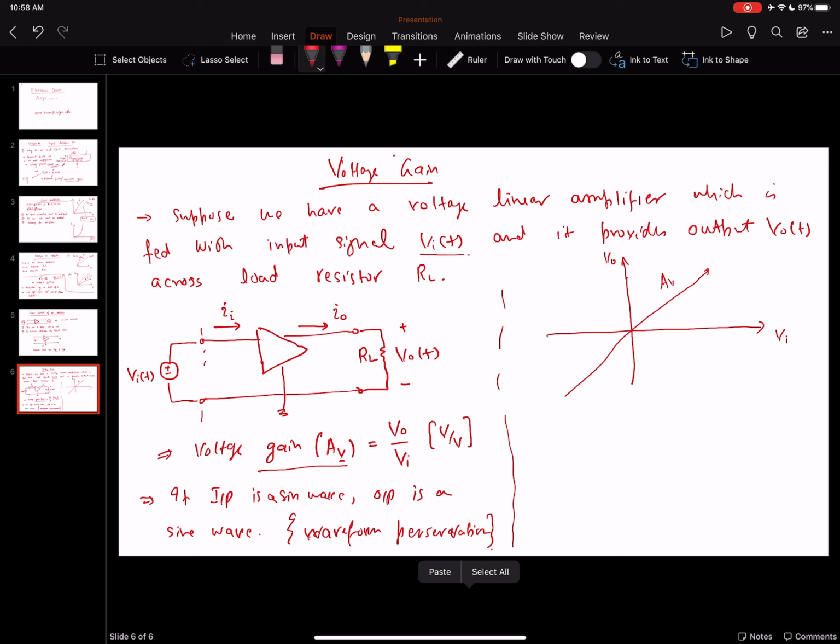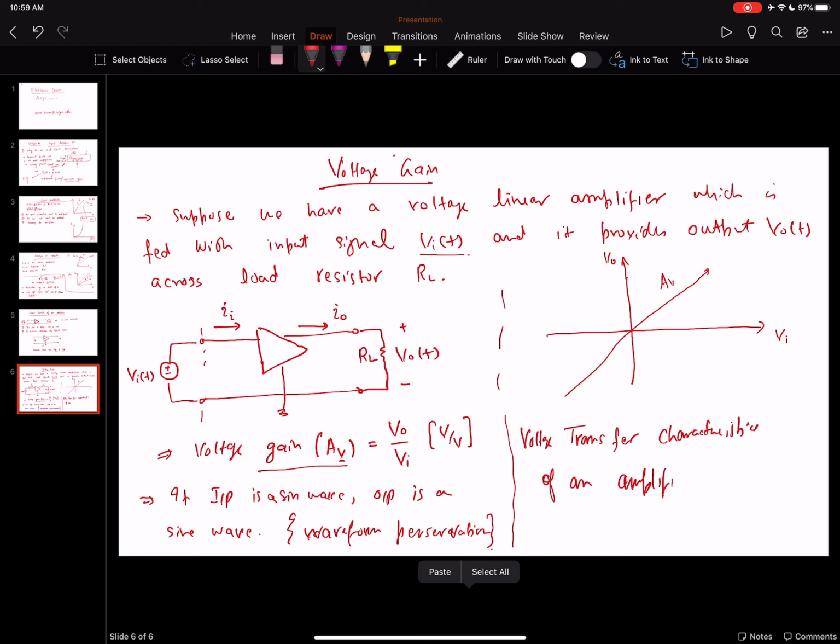These characteristics between the input voltage and the output voltage are commonly known as voltage transfer characteristics of an amplifier.